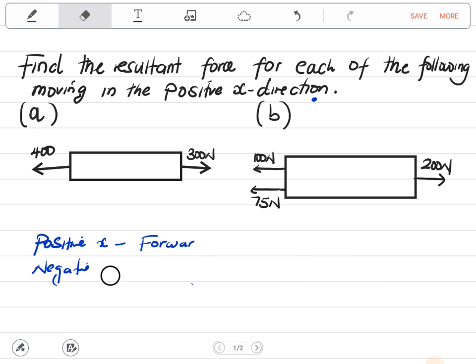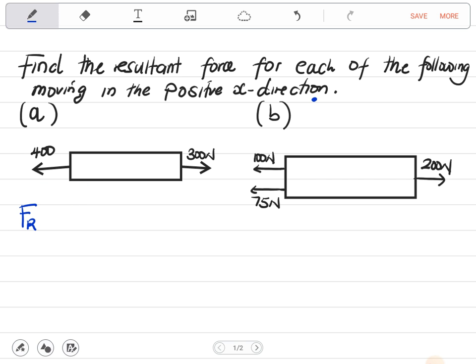So moving on to the question, the resultant force, let's call it FR, and let's symbolize it like that, is just equal to, for A, since we're talking about the positive x direction, this one is our first force and this one is our second force.